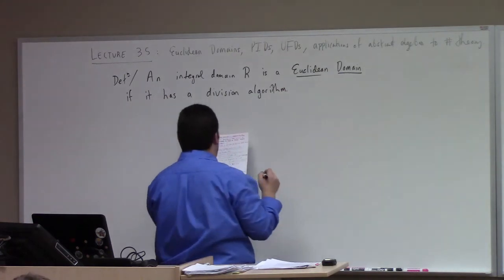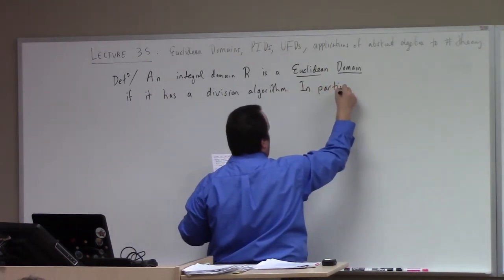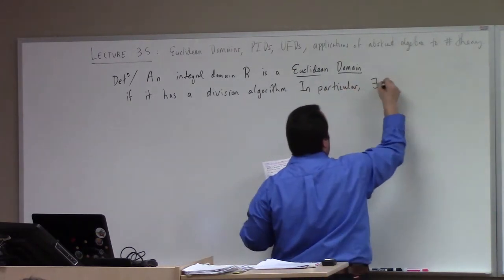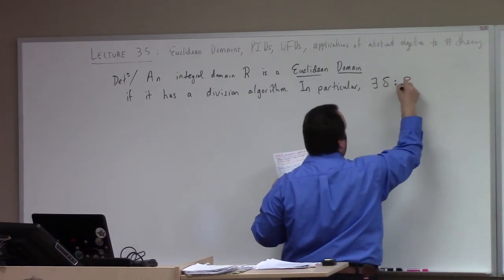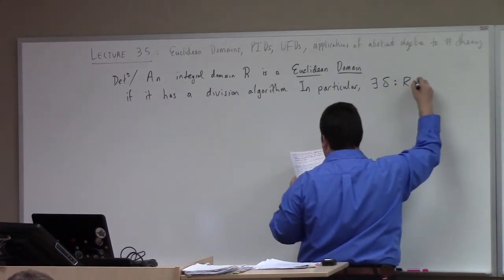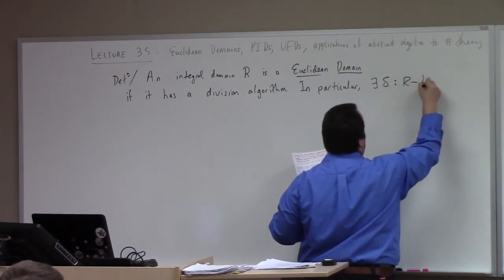Let me break that down. In particular, there exists delta, which goes from the ring, I'll try to follow Nicholson.